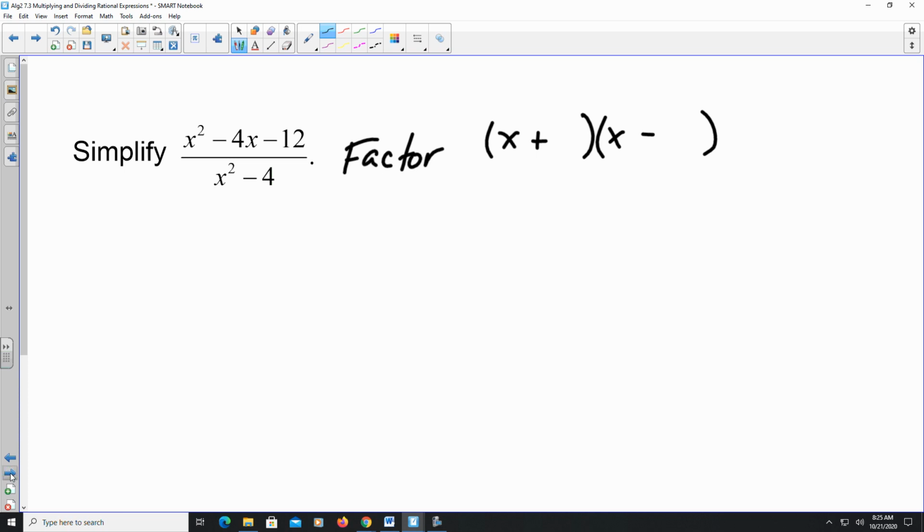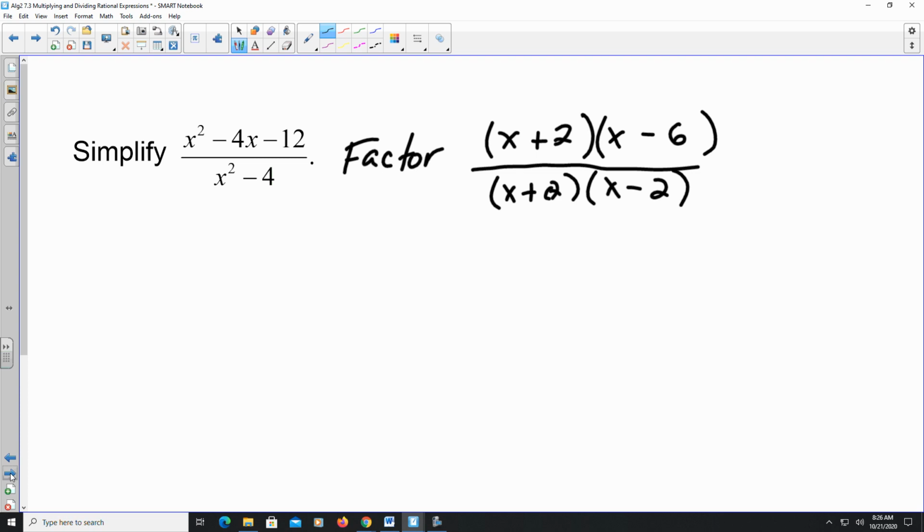Two values that give me a product of 12 but a difference of 4 are 6 and 2. In the denominator, I have x squared minus 4. It's not a trinomial, but it is a sum and difference pattern. So this can be factored as x plus 2 times the quantity x minus 2.